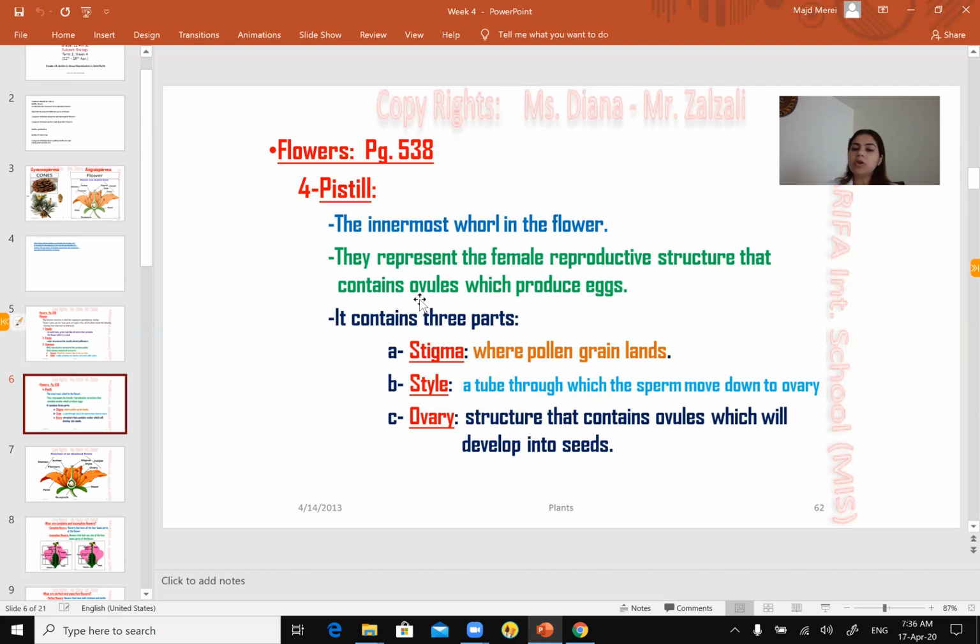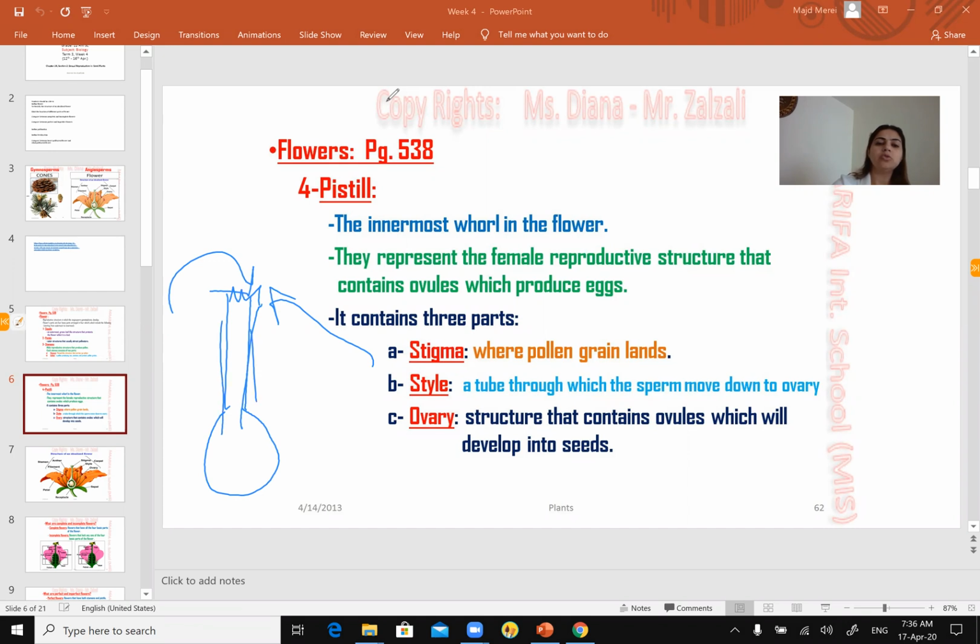Now, pistil or carpel is made up of 3 parts. The stigma, where pollen grain lands. Style, this long tube here, through which sperm move down.